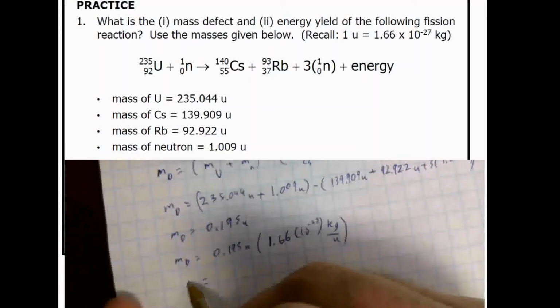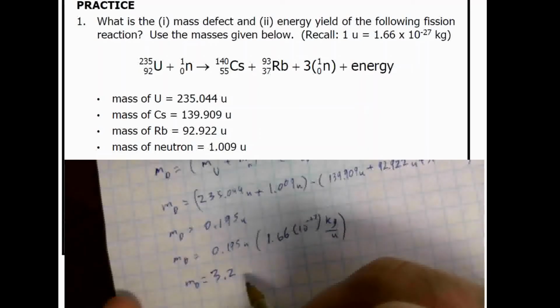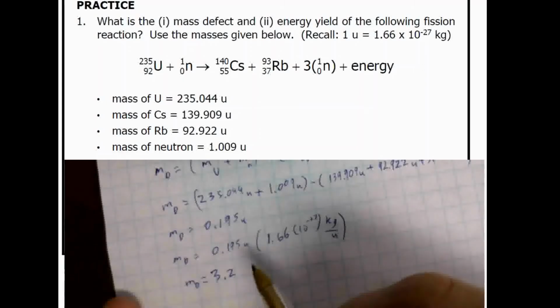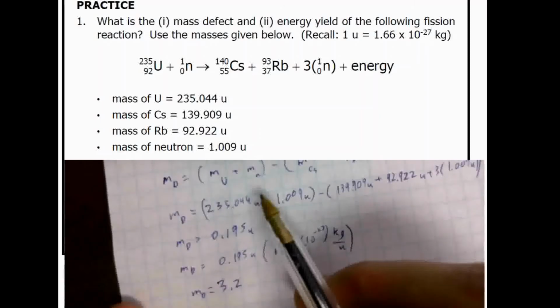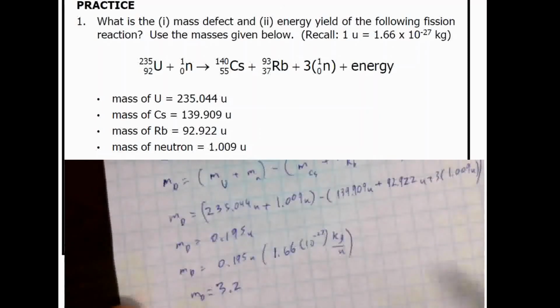So I'm left with 0.2. And in this case, I'm going to record it with, if I look back at my givens, I have 3 significant digits in my conversion from 1 U to kilograms.